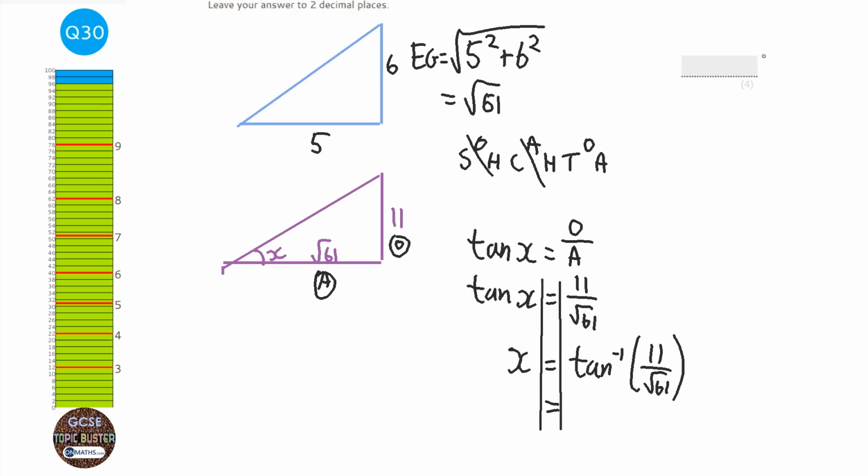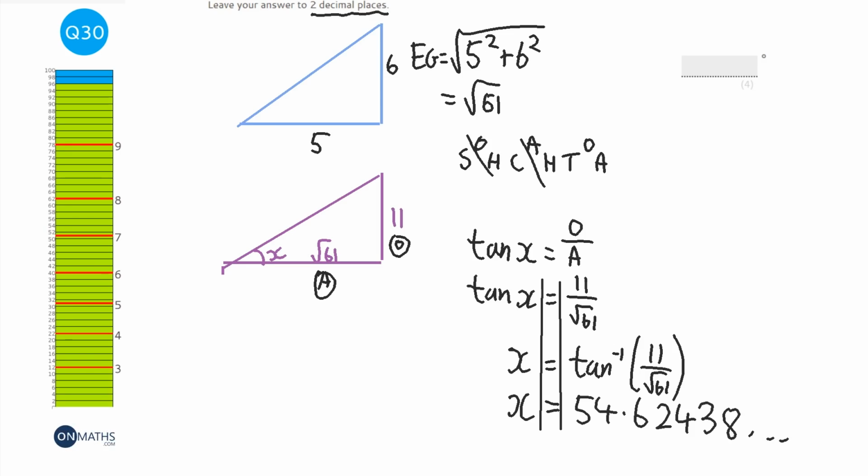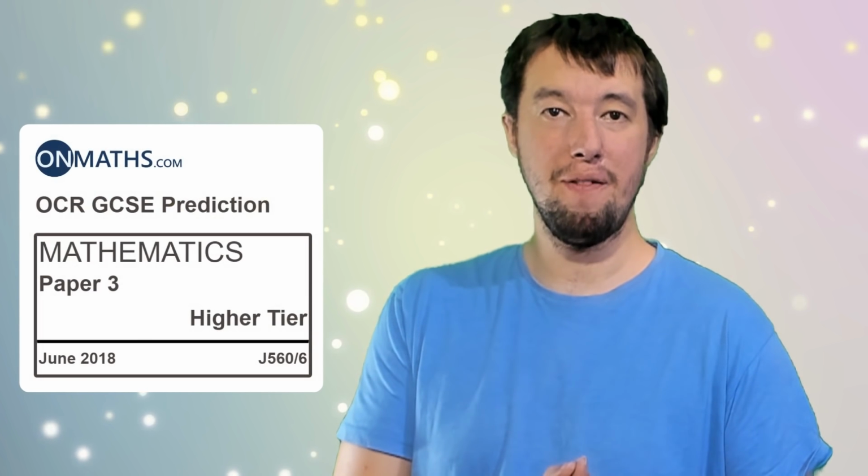There we go. And it says that X is 54.62438 and so on. It wants 2 decimal places, so the answer I'm going to write is 54.62.